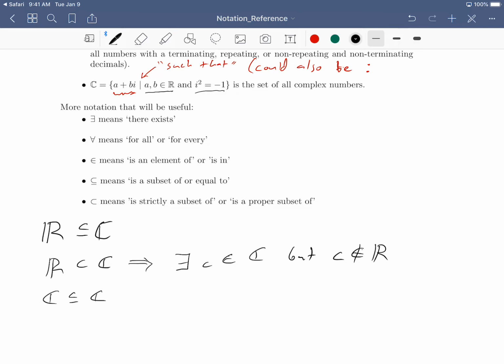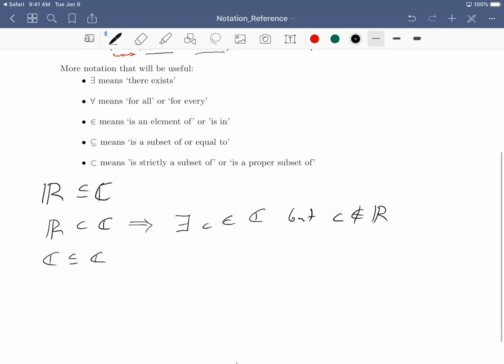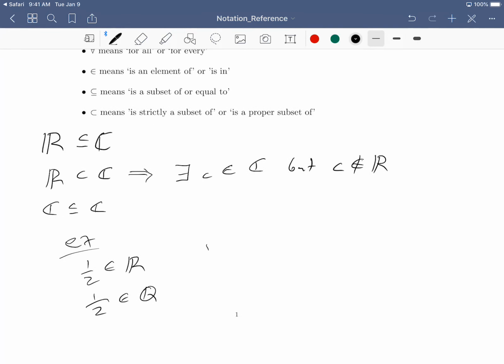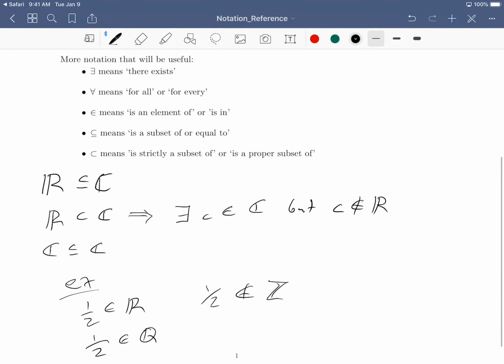There is a number c that's an element of the complex numbers, but is not an element of the real numbers. Okay? So using that is an element of, I can write things like 1/2 is an element of R, and I can write 1/2 is an element of Q, but 1/2 is not an element of Z, for example. And then just one more thing.